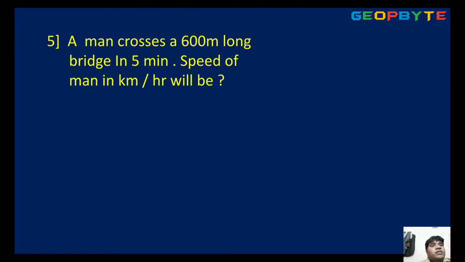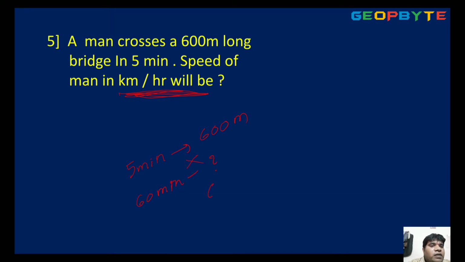A man crosses a 600 meters long bridge in 5 minutes. The speed of the man in kilometers per hour will be? Observe the point. In 5 minutes, 600 meters. In 60 minutes, how much?